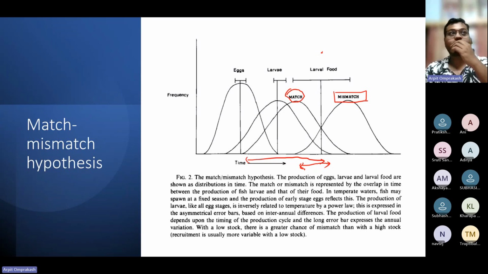If there's a mismatch, then the bees will die off because of not enough food resource, since they're not getting enough nectar from the flowers, and the flowers and trees will also not get pollinated, and because of that, they'll also begin to die off. The population of both the trees and the bees or the pollinators will keep on decreasing.